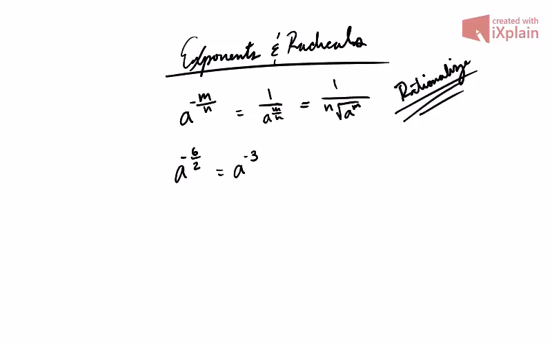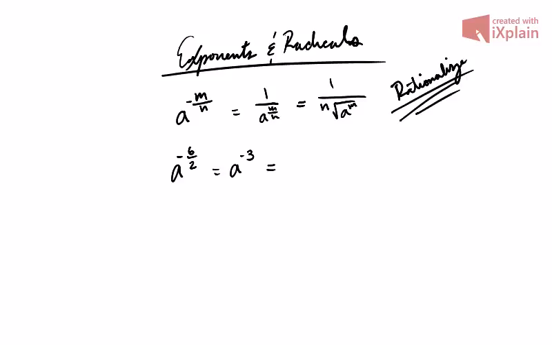Now remember, last video I said be very, very careful, because this is the same thing as 1 over the square root of a to the 6th power. You need to be very, very careful here, because you may get lost and produce a wrong number if you don't follow all of your steps.